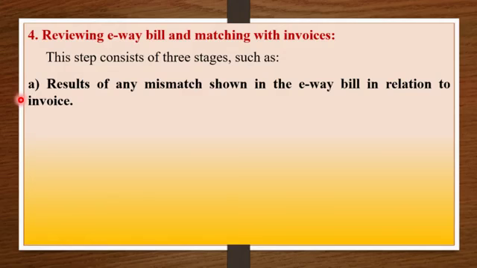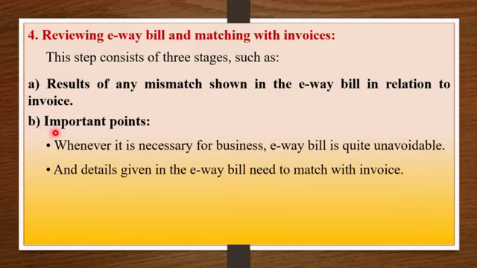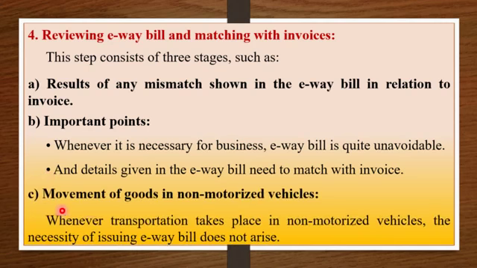Second step is important points, in that whenever it is necessary for business, an e-way bill is quite unavoidable, and details given in the e-way bill need to match with the invoice. Third step is movement of goods in non-motorized vehicles.